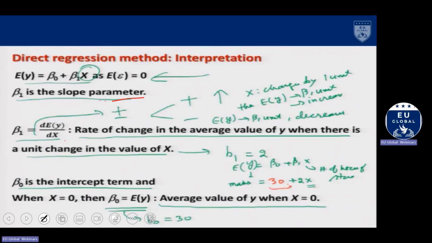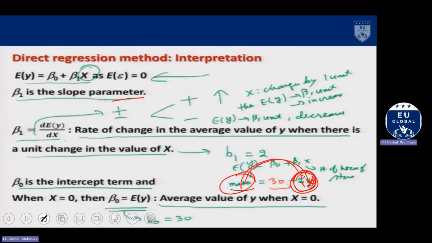So suppose we have a value b1 is equal to 2. So if b1 is equal to 2, that means that for every unit of x, the value of marks will be twice, right? Suppose the value of x is increased by 2, the marks will also increase by 2.